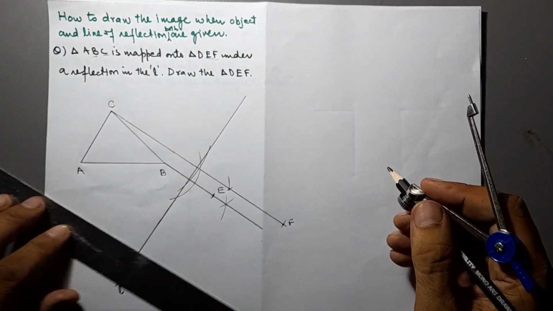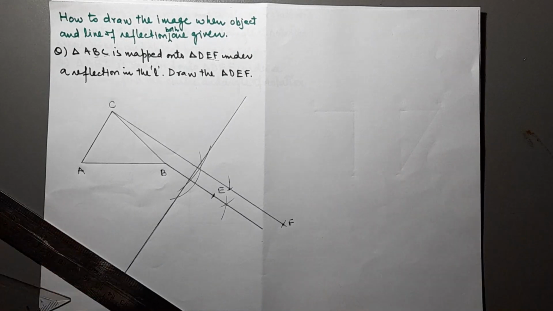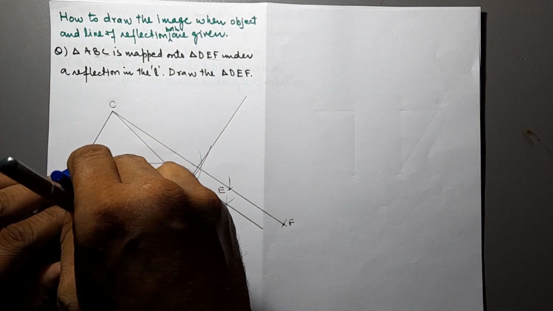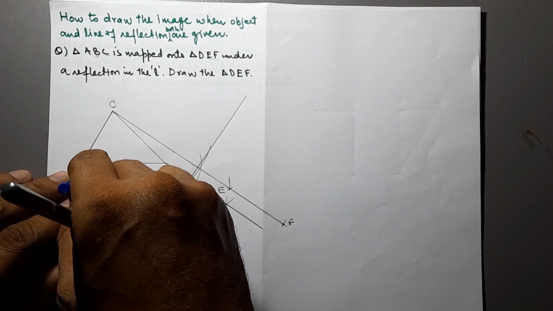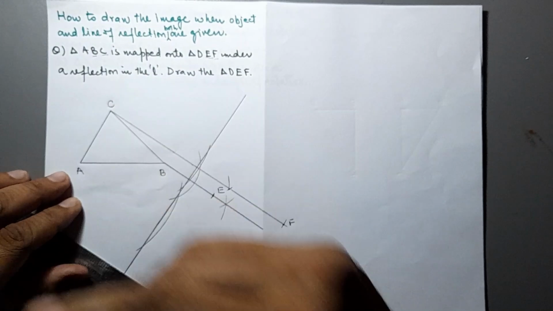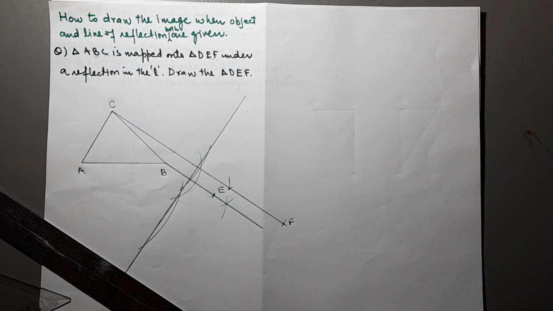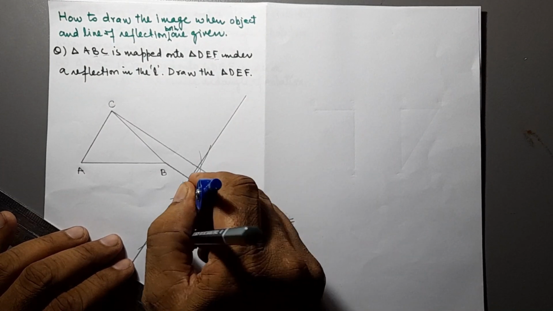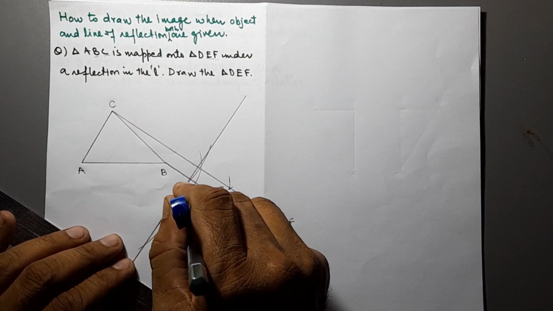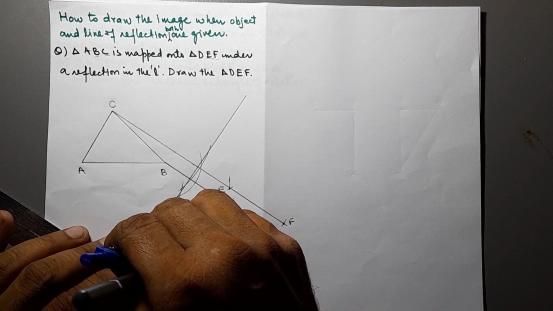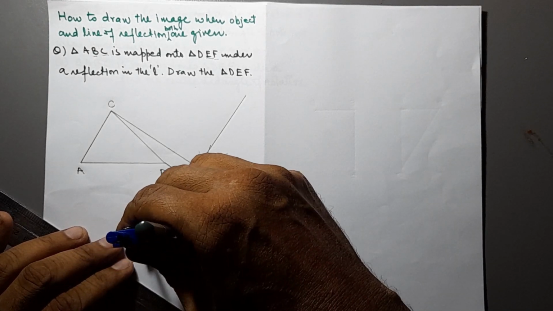Now we will repeat the same process from the point A. With appropriate radius, we will draw an arc on the line of reflection and get 2 points of intersection. From these 2 points of intersection, we will draw 2 more intersecting arcs.